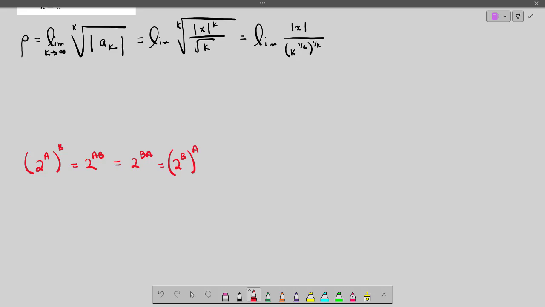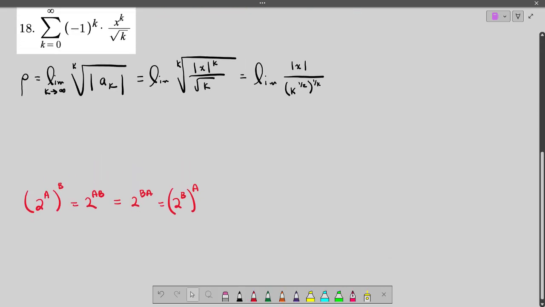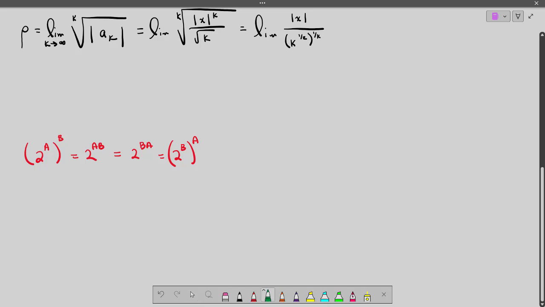So in other words, you can swap those exponents if you want. And the reason we might do that is that we already have in the bag the limit of the kth root of k as k goes to infinity. What is that equal to? 1. So we've already shown that using the log limit process.